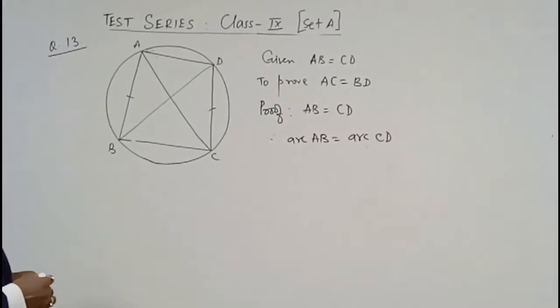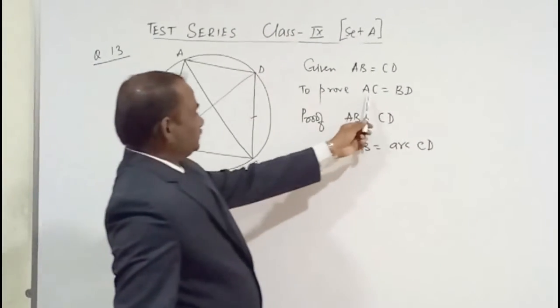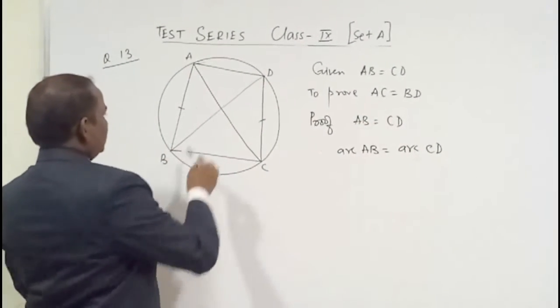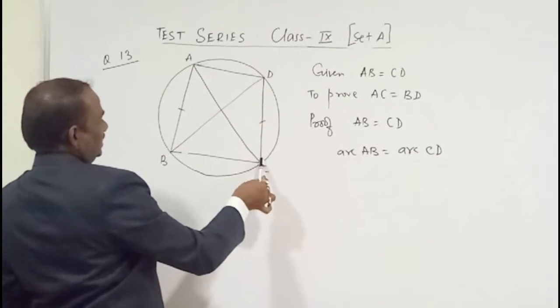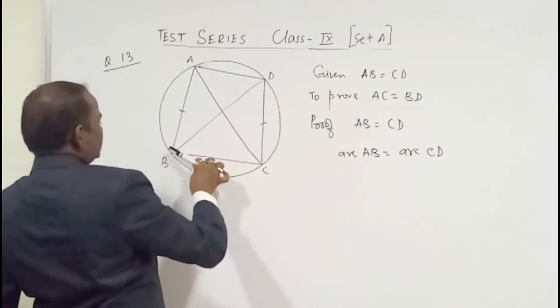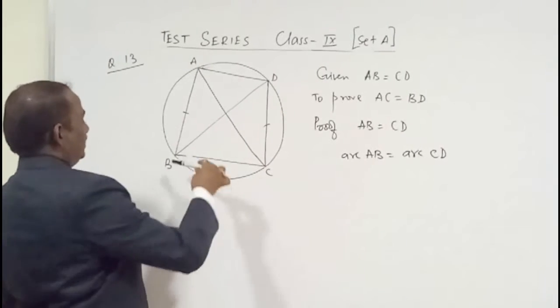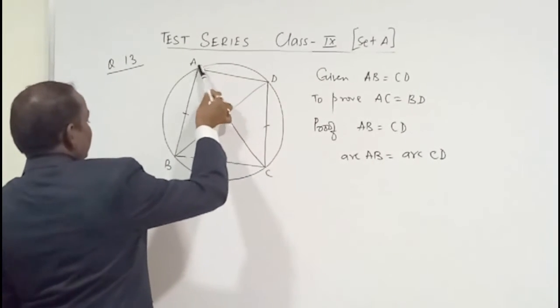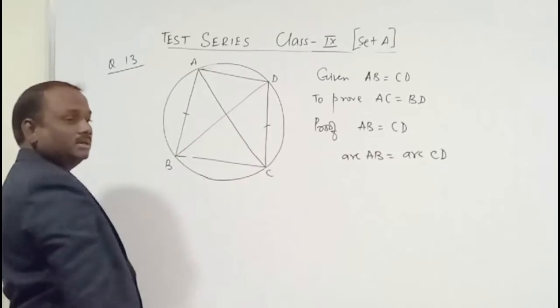Now, we need to prove that AC is equal to BD. Now, AC you can see is actually a chord, and the arc corresponding to it is ADC, and BD is again a chord which has the corresponding arc as DAB or BAD.